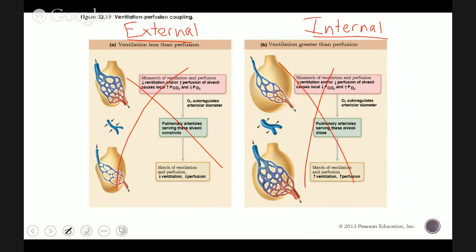Okay, the last thing that's really going to twist your brain a little bit is the transport of respiratory gases by blood. All right, so remember, when you think about Henry's law, do gases like to be dissolved in liquid?